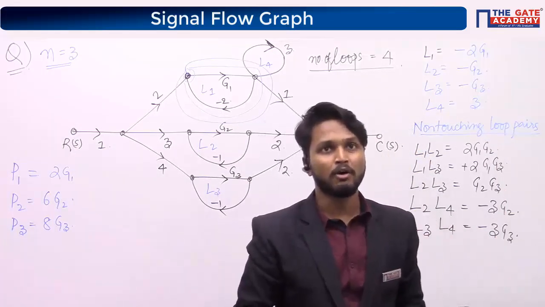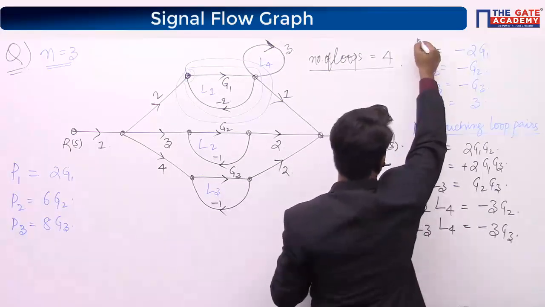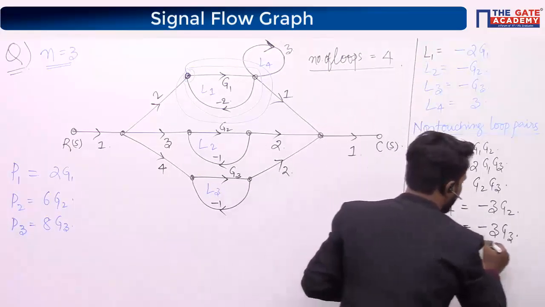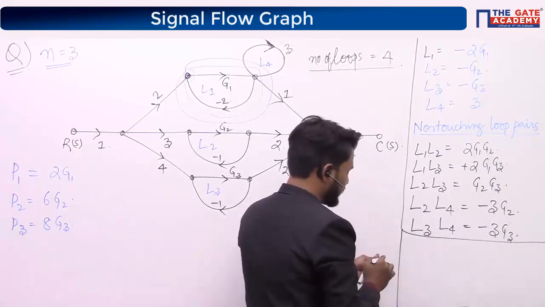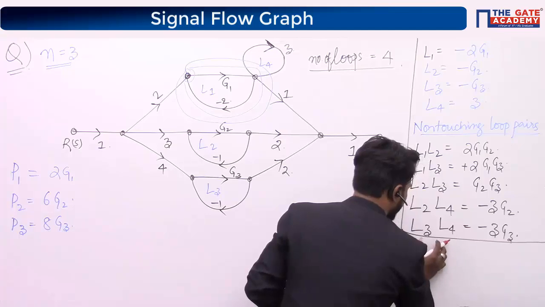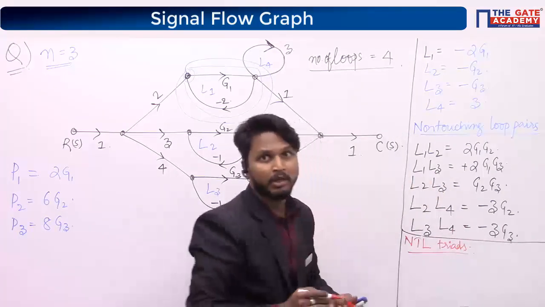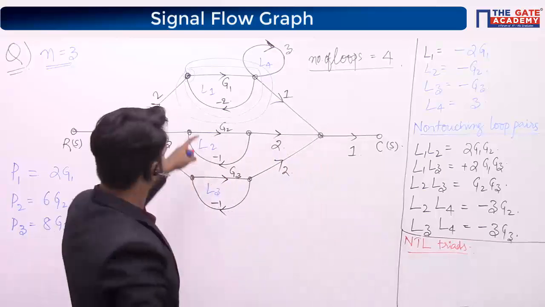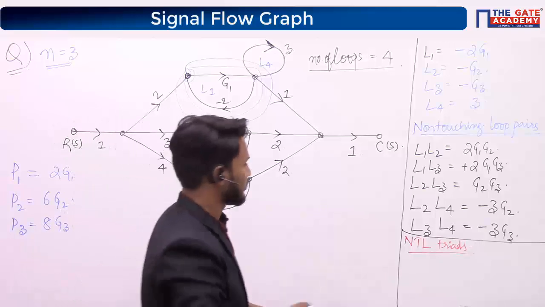So write down all the non-touching loop triads. Loop pairs are done. Non-touching loop triads. So I'm writing it here, and I'm writing it in short form. L1, L2, L3, all the three are not touching each other, right?